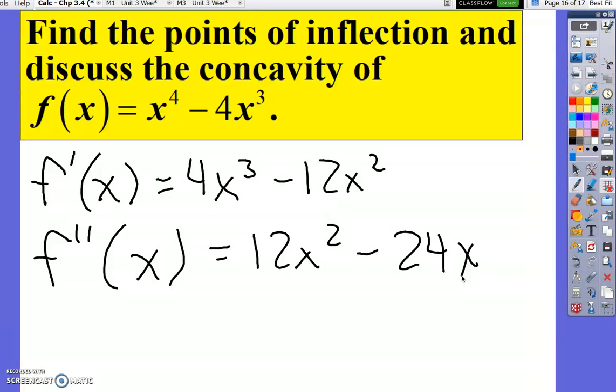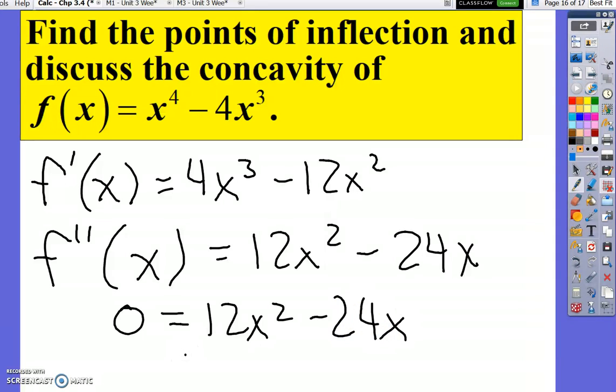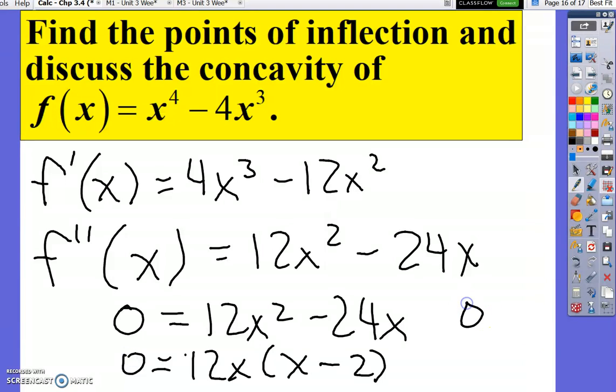I'm going to set my second derivative equal to 0 and solve that. I'm going to factor out 12x, and I leave behind x minus 2 equals 0. So x is 0 or 2.